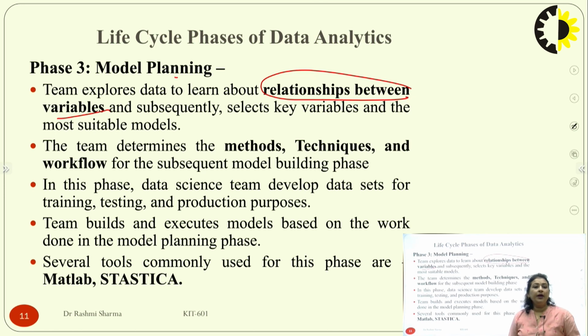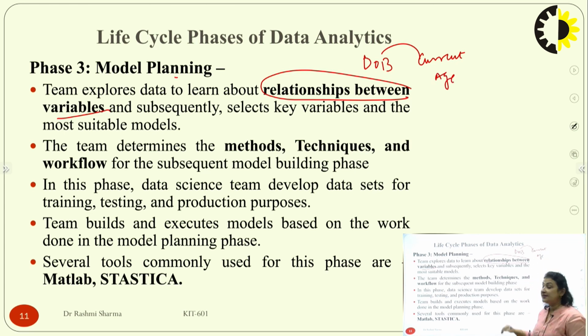For example, if I have given my date of birth, the DOB, then from that DOB to the current date, our system can identify my age. This is derived data, derived from your date of birth, and that column also comes as an input.